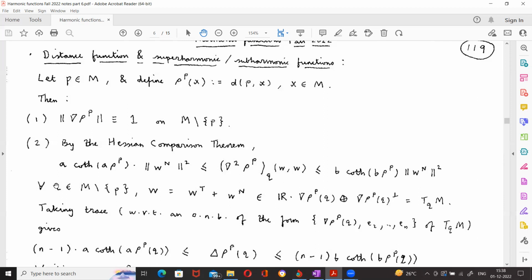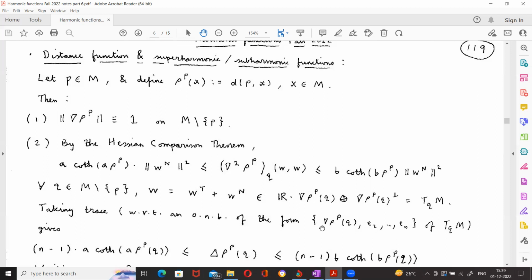Okay. So we have this upper and lower bound on the Hessian, and we know that the Laplacian is the trace of the Hessian. So the trace means you sum up the Hessian applied to (e_i, e_i), where the e_i are an orthonormal basis, right? You choose the orthonormal basis so that the first vector is the gradient vector, and then you take a basis of the orthogonal complement.